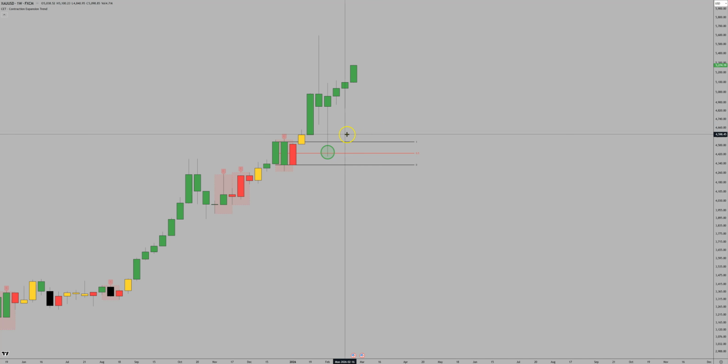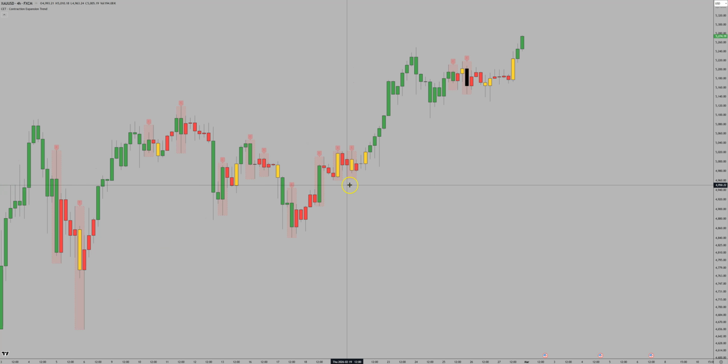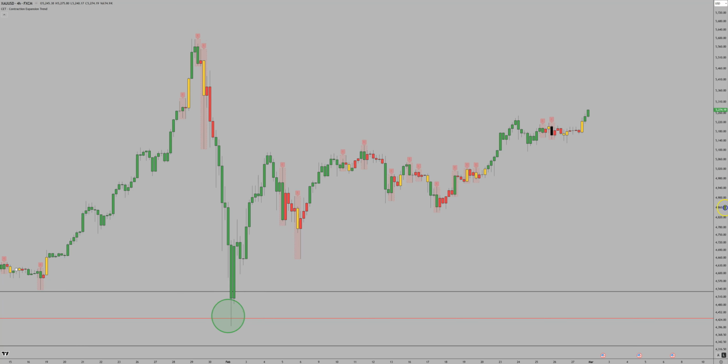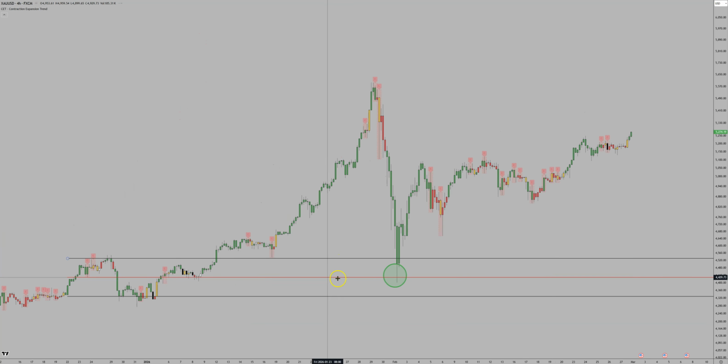Okay? And that is why I said that if the market is coming down, you see how this weekly value line was hit. If you don't know about this, you will never understand why it should stop here.